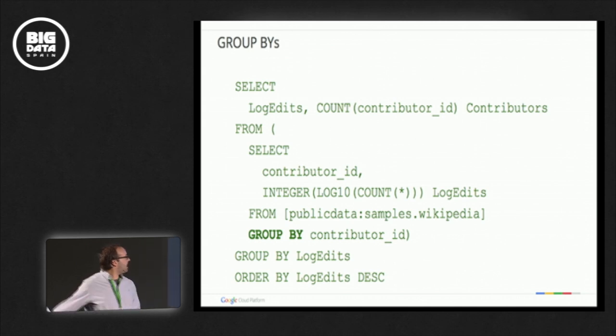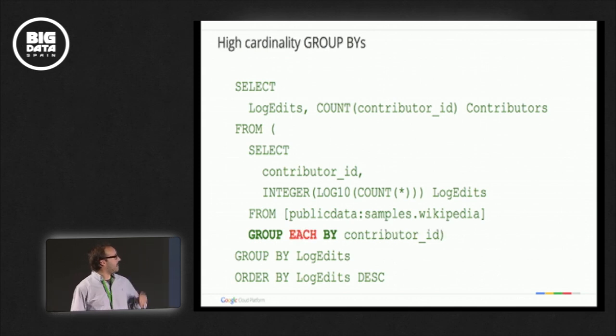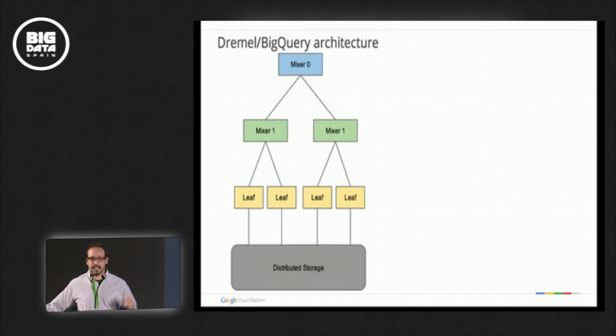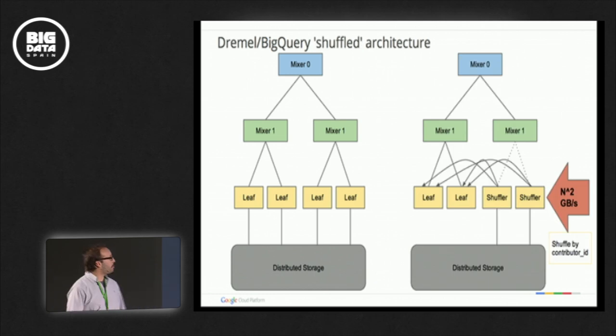We added the IT keyword, GROUP IT BY contributor ID, and instead of grouping on Mixer 0, we take that architecture and we add a shuffling stage where we divide all the data before giving it to the leaf. It's a little hard to explain, or maybe it's easy. Let's see how this goes.